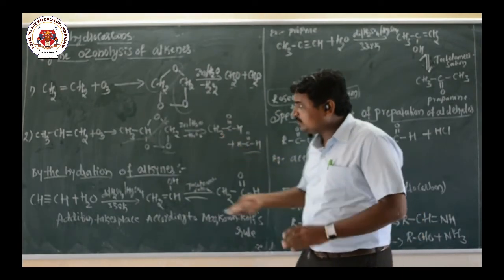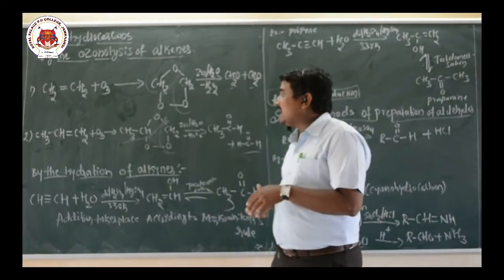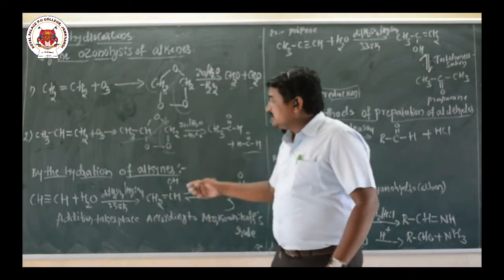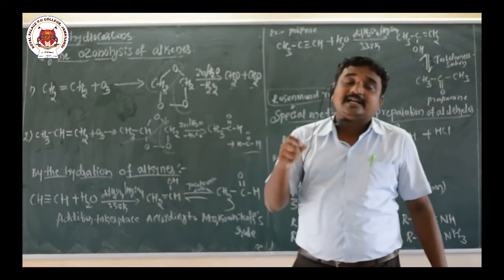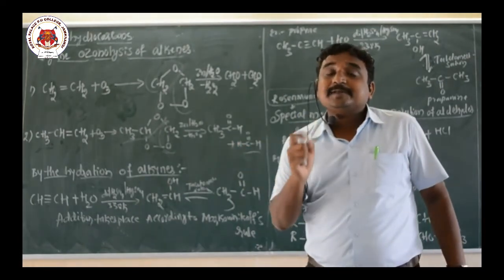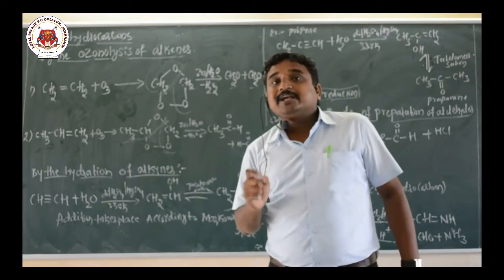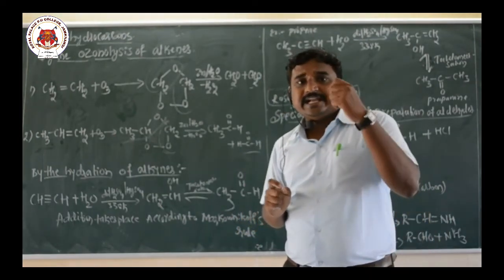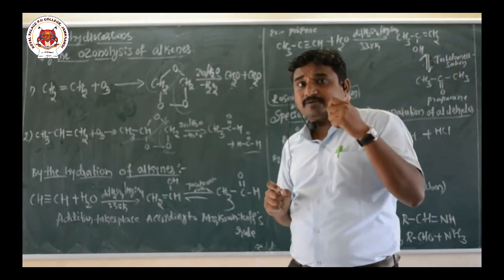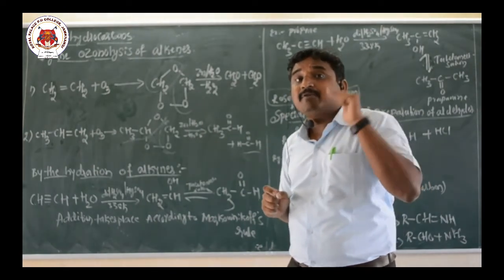Now next one, by the hydration of alkynes. Here, addition of water across the carbon-carbon triple bond takes place according to Markovnikov's rule. Markovnikov's rule states that the hydrogen atom adds across the triple bond to the carbon containing the maximum number of hydrogen atoms.